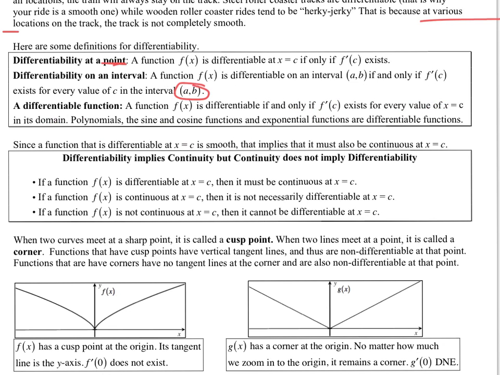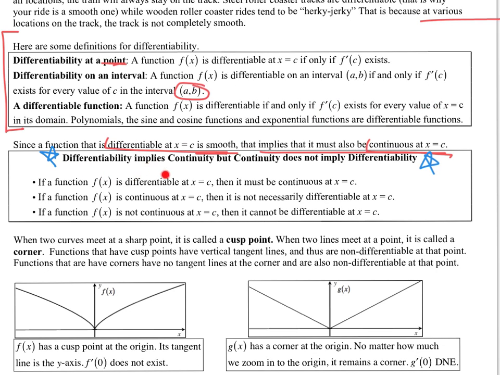This is important. Also important is the connection between differentiability and continuity. Since a function that is differentiable at x equals c is smooth, that implies that it must also be continuous at x equals c. If it's differentiable at x equals c, then it is continuous at x equals c, which gives you this very important statement.